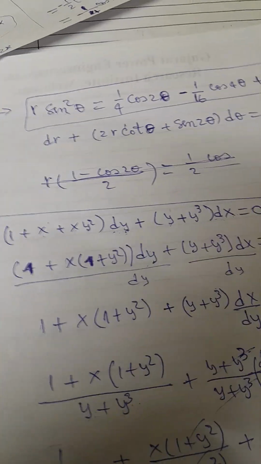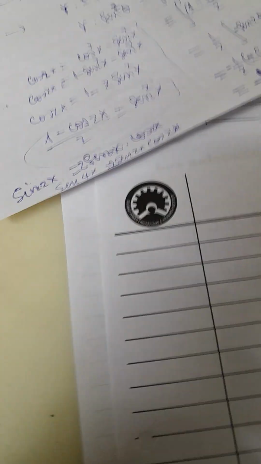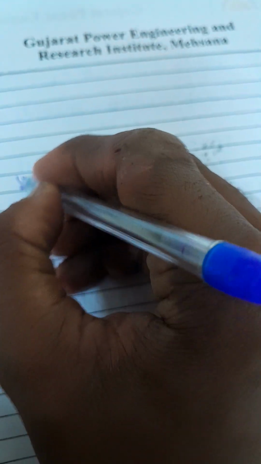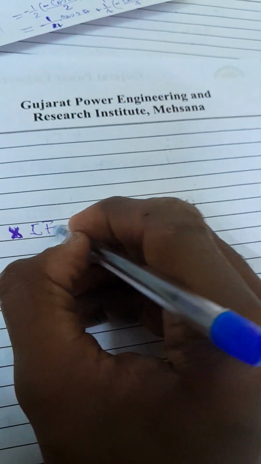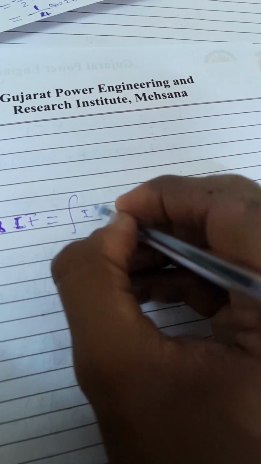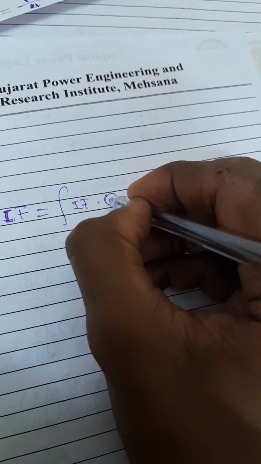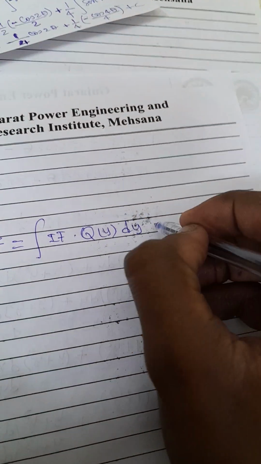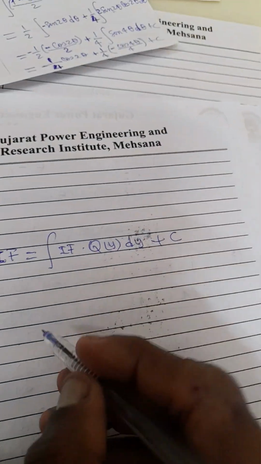What will be the solution? We know that it will be dependent variable times IF equals the integration of IF times q of y dy plus c.